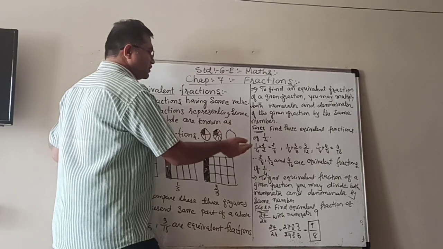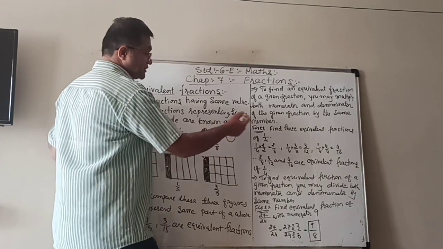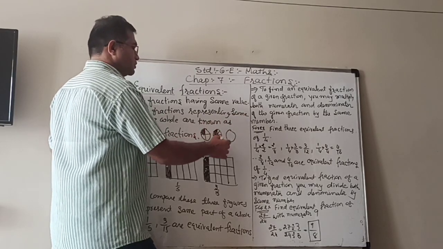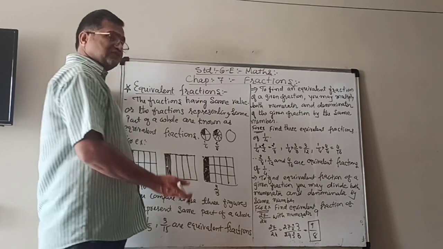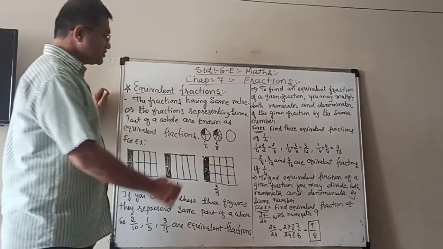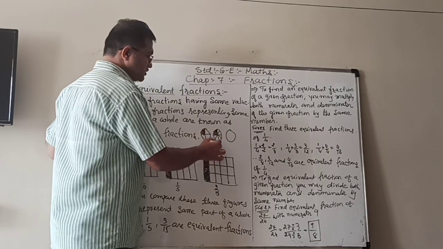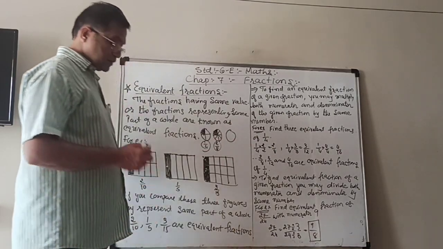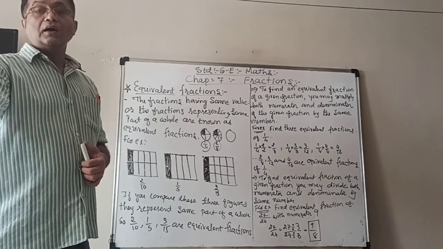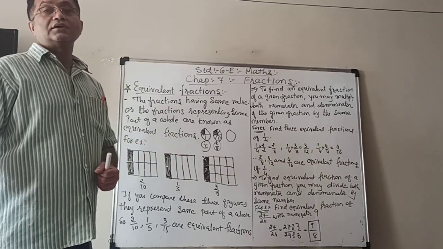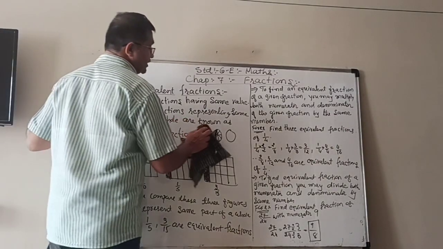And then you can make another one also. You can make 16 parts, and out of that you can take, say, 4 parts. Then also it will be the same. Only this part will be shaded. It means that all are also representing the same fraction. So they are known as equivalent fractions.